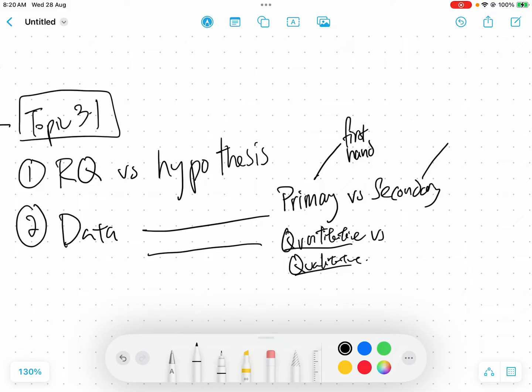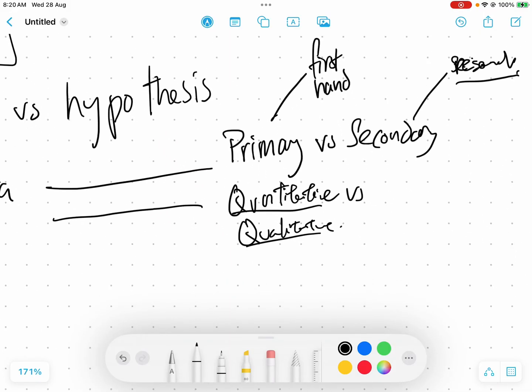It can be online, in books, newspaper articles, journals, and so on. These are data that's already been produced, but just not by yourself. So this is where you do your research.